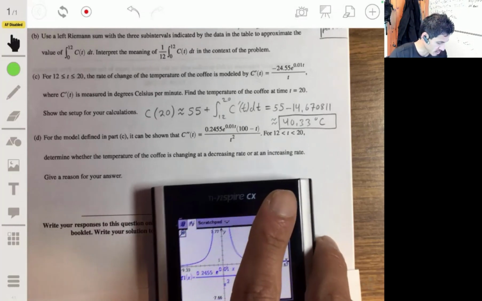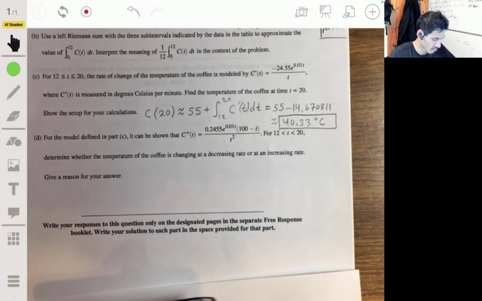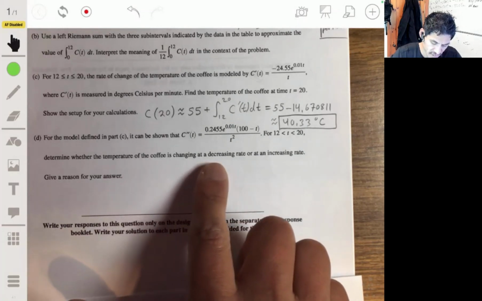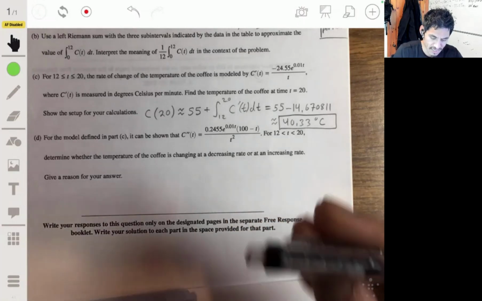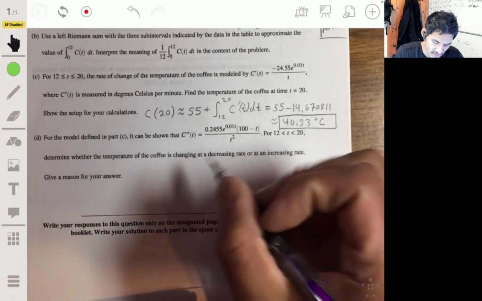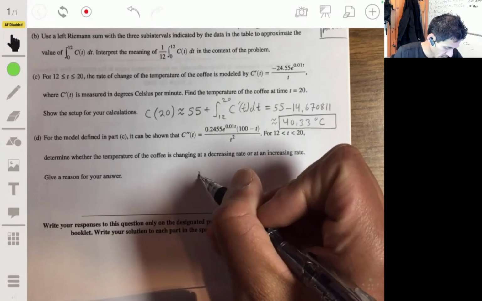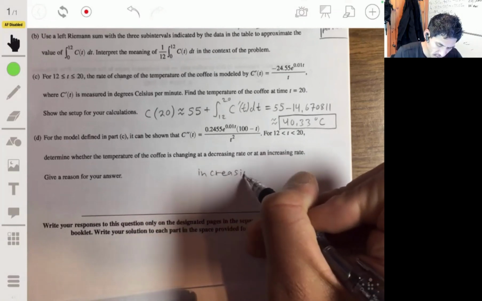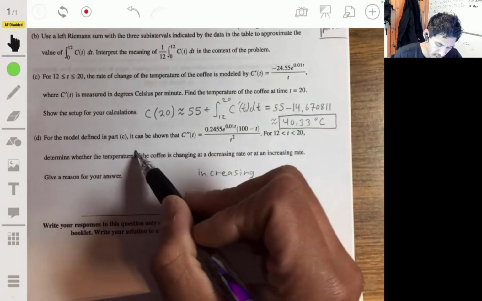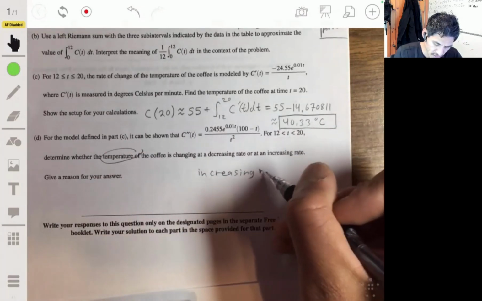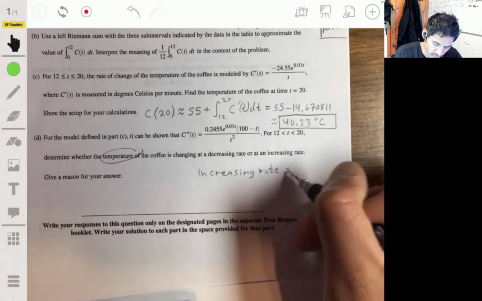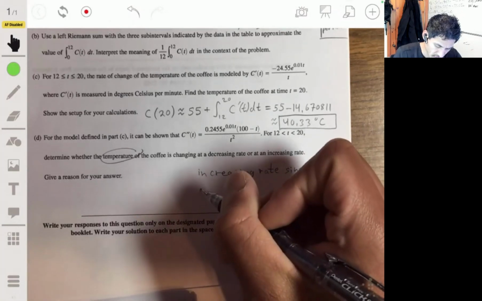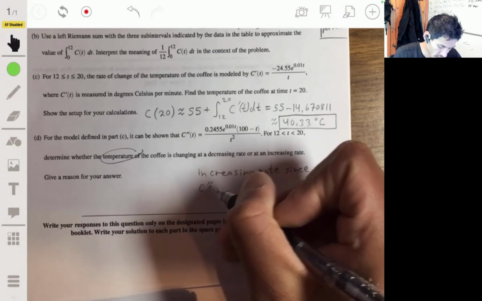That is really weird to say. But we're just talking about the temperature. It's changing at an increasing rate. We only care about the temperature increasing rate since C double prime is positive.